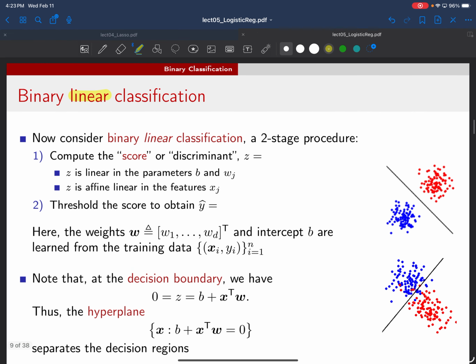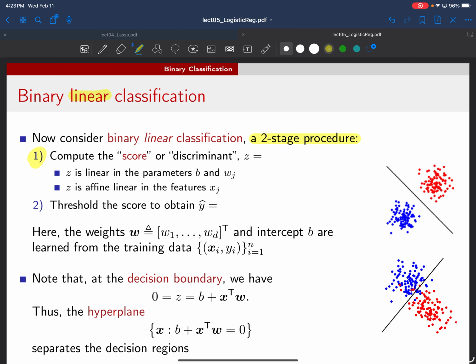And it's really linear in two different ways that I'll describe in a moment. But basically, we can think of linear classification as a two-stage procedure. The first stage is that we're going to compute something called the score or the discriminant. And this is going to be a real number.